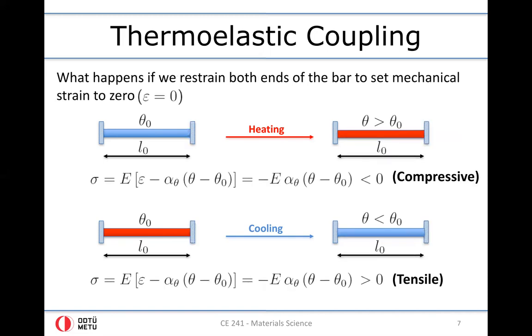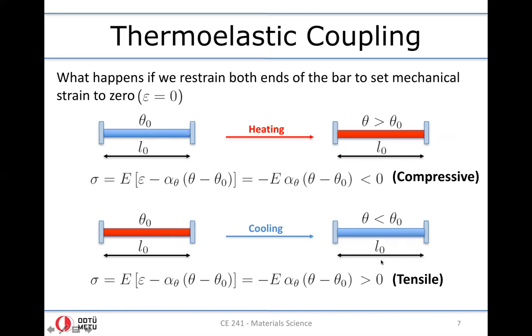Therefore, through the superposition principle, you can also intuitively understand that the stresses that will develop upon heating, when the bar is restrained at both ends, will be compressive. When you cool it down, of course, the stress will be positive.